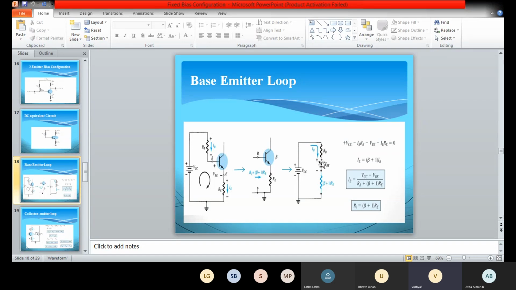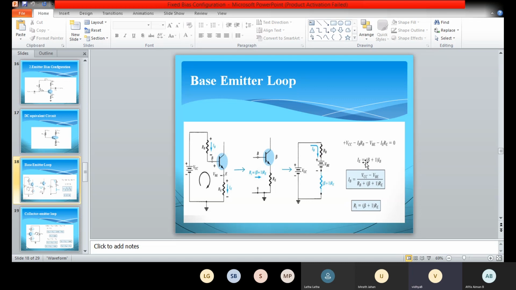Again here plus to minus, so minus IB RB, plus to minus, minus VBE, minus here resistance, you will get RE. You need to consider RE minus IE RE is equal to 0. Okay, this is the equation I have written from the base emitter loop.